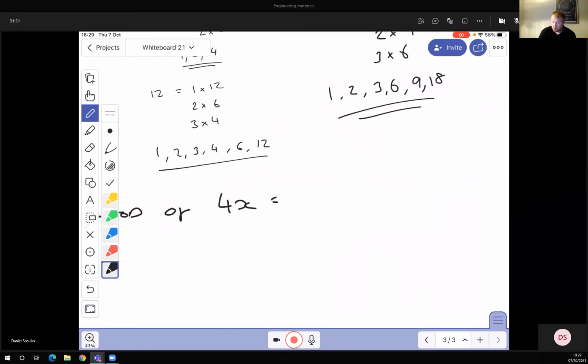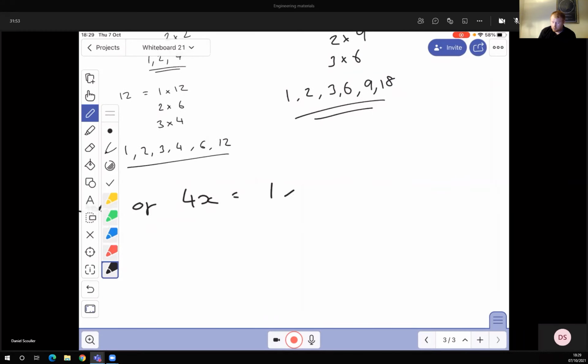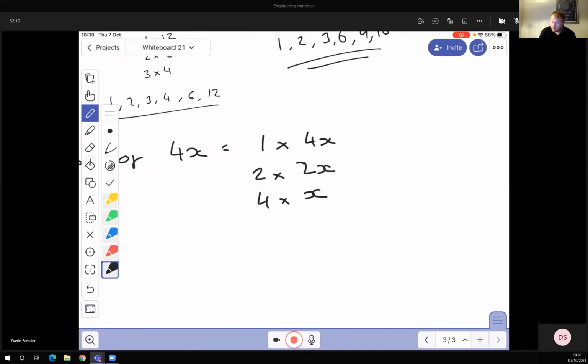We could do 1 times 4x. We could do 2 times 2x. And we can do 4 times x. Am I missing any? So the factors in that case would be 1, 2, 4, x, 2x, 4x.